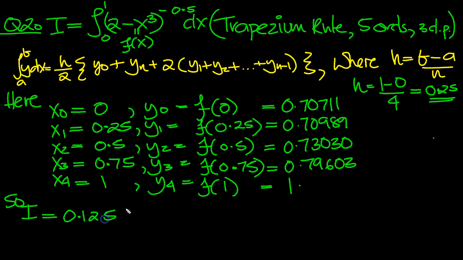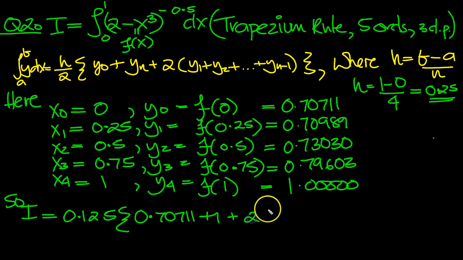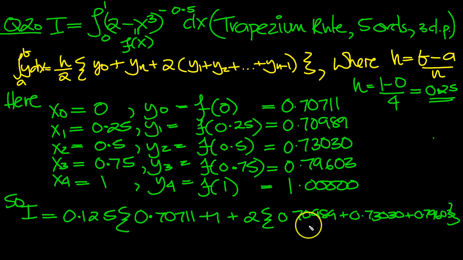We can write that down straight away. y0, this one, plus the yn, which is y4, which is 1, plus 2 times, so I put another brace there, these 3 middle values: 0.70989, 0.73030, 0.79603. Close the brace, and then close the other brace as well.